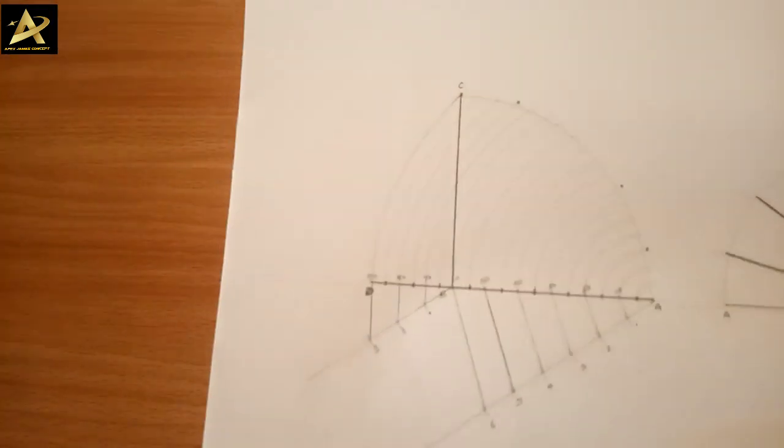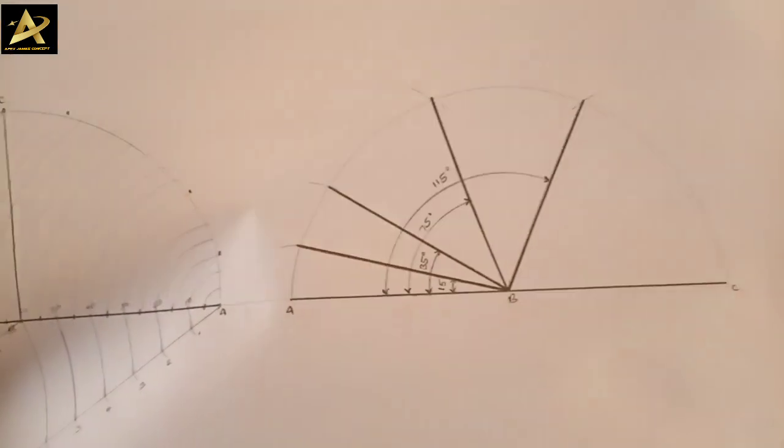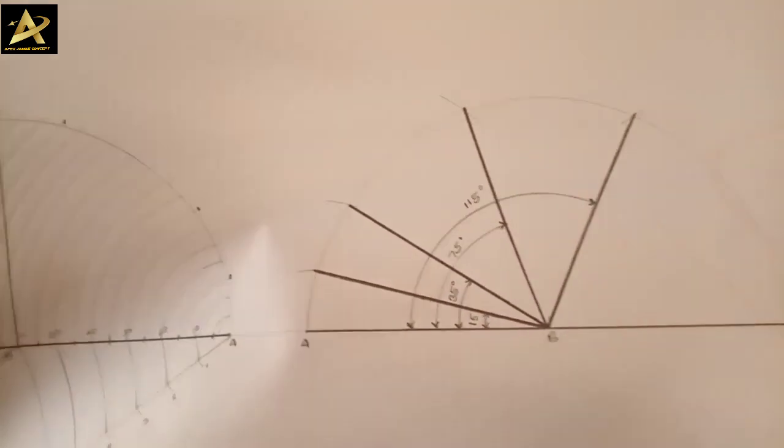So this is my scale of chord, and I use it to get the angles 15 degrees, 35 degrees, 75 degrees and 115 degrees.